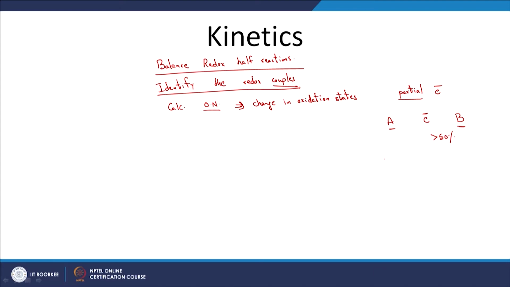So how do I calculate the oxidation state here? With respect to this electron, I am going to assign it completely to B. So the oxidation state here would be -1, and +1 for A. That is how we go about that. In that context we looked at the known oxidation states of different atoms.